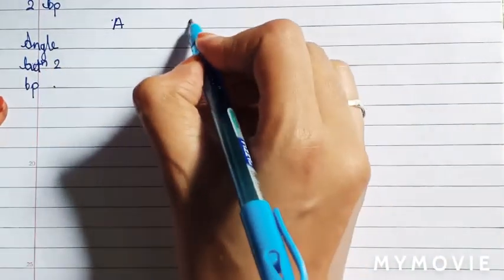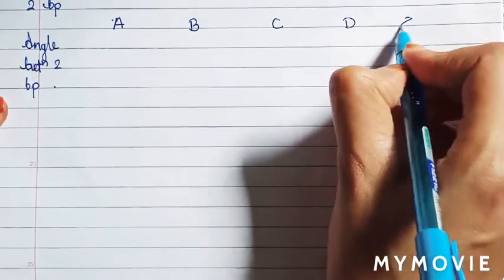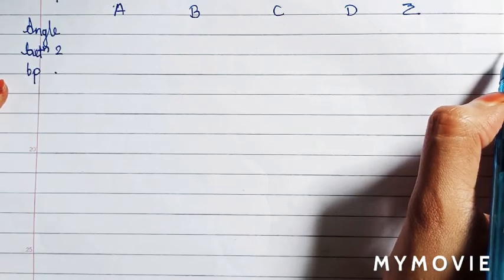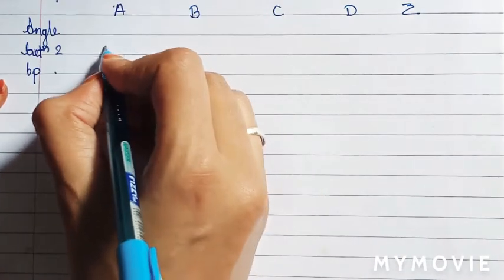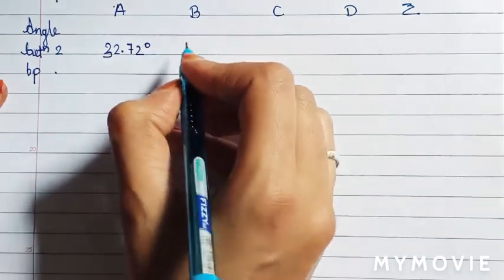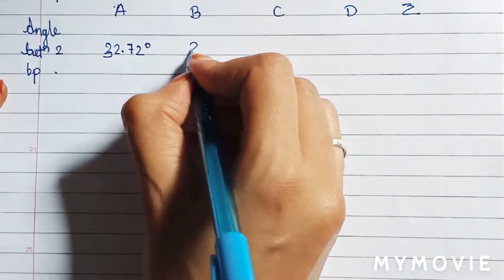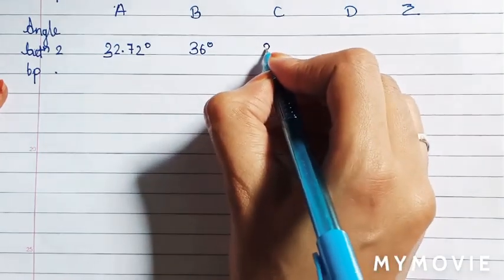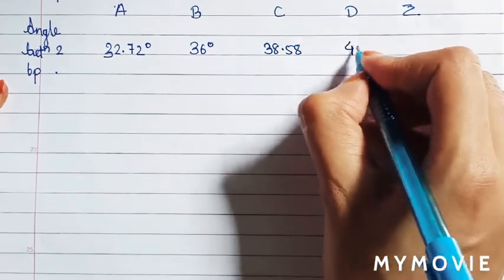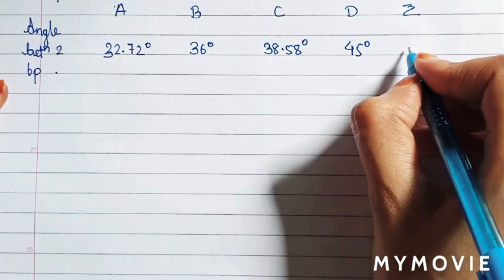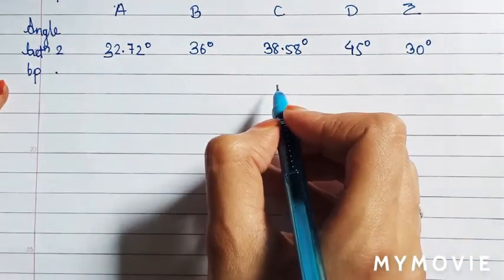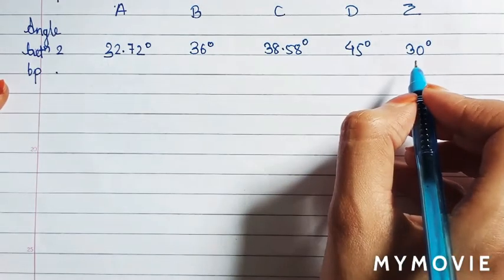In case of A DNA, the angle between 2 successive base pairs will be 32.72 degrees. For B DNA, 36 degrees, 38.58 in case of C DNA, 45 degrees for D DNA and 30 degrees for Z DNA. So these were the angles between 2 successive base pairs in different types of DNA.